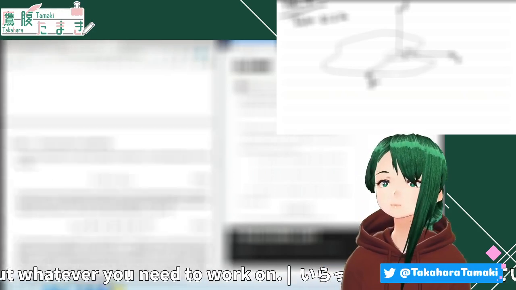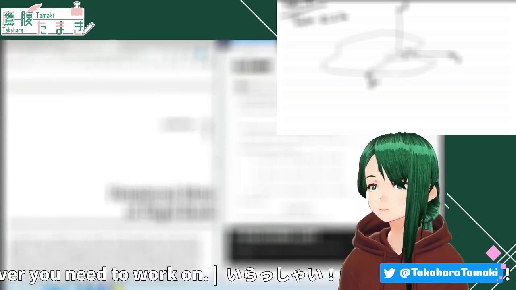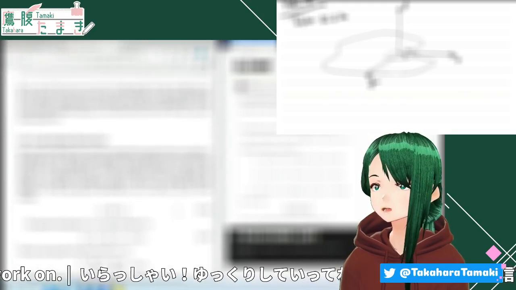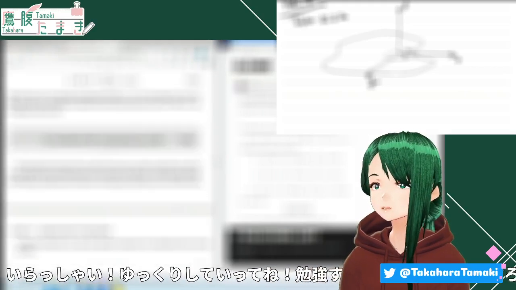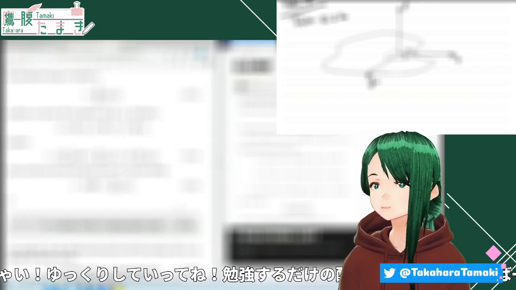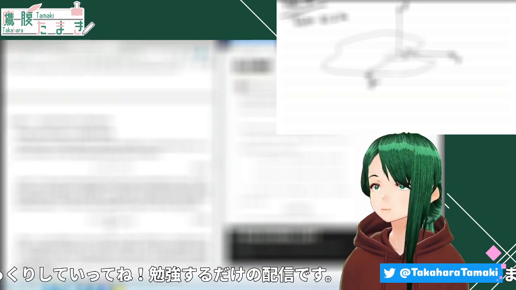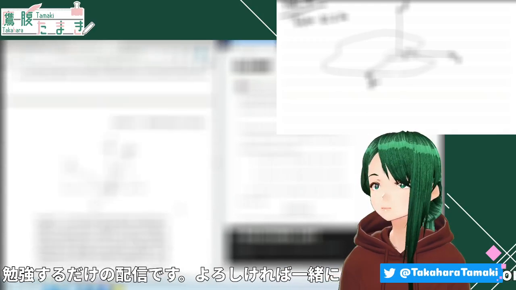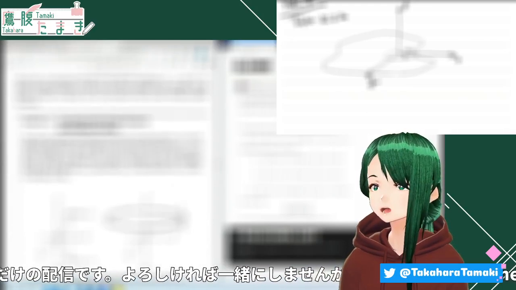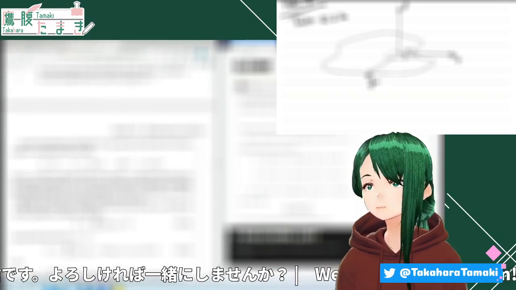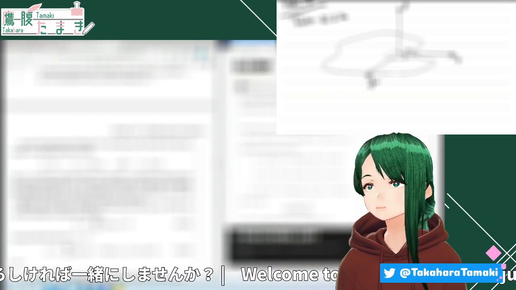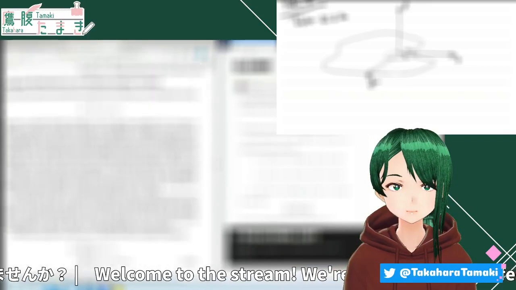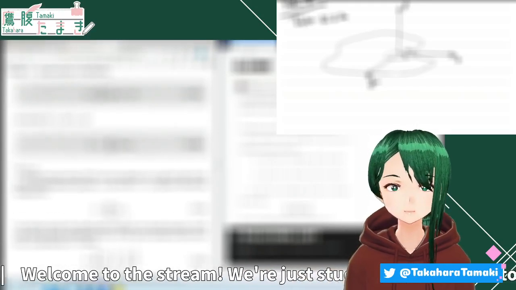Where are those equations? Oh, here it is.